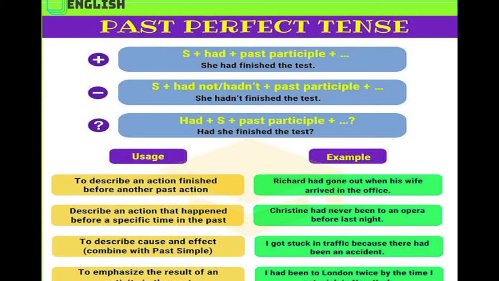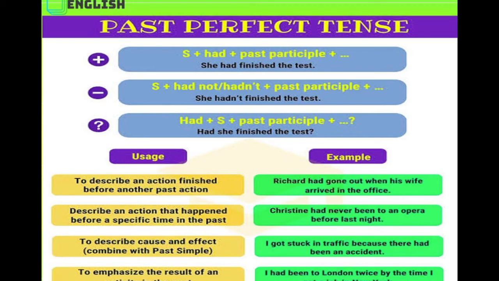Now the usage: to describe an action finished before another past action. For example, Richard had gone out when his wife arrived in the office. Next is to describe an action that happened before a specific time in the past. Christine had never been to an opera before last night.